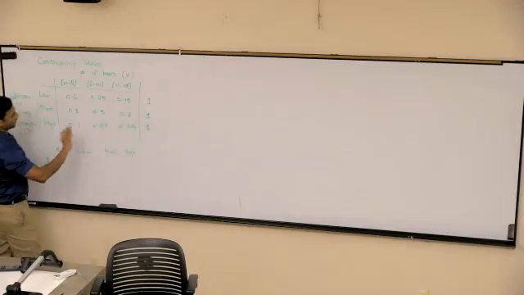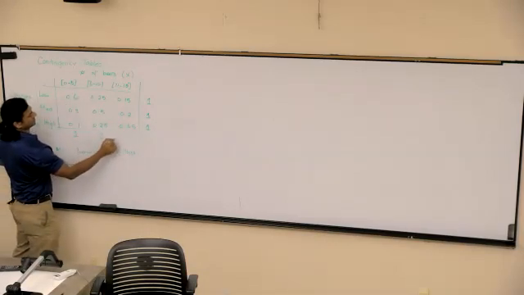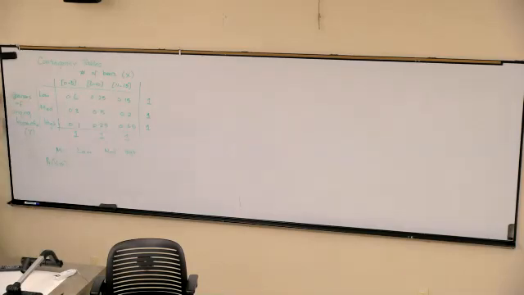And there is a huge problem with this. When I add everything together, I get 3, right? Is that reasonable? No, why not? It has to be between 0 and 1.